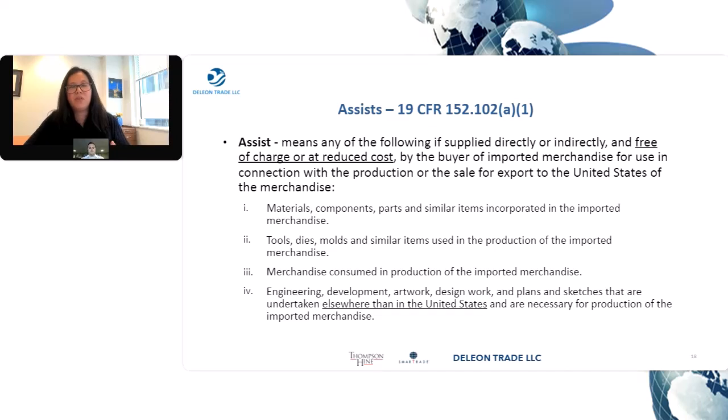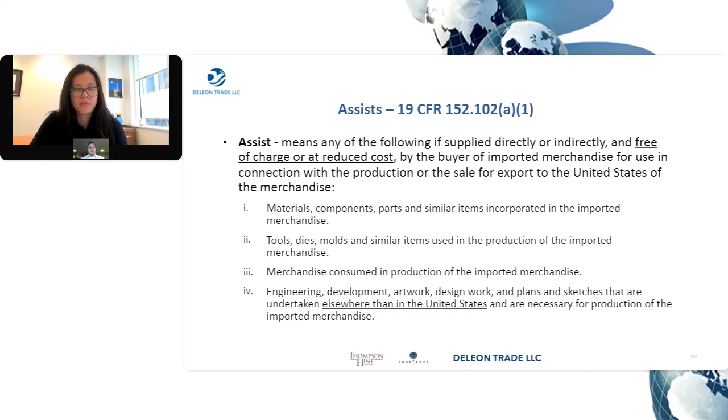This is pretty critical for us to remember. All these matters will have to be considered and included in transaction value depending on the situation. But I think this assist concept cannot be highlighted enough for today's webinar.